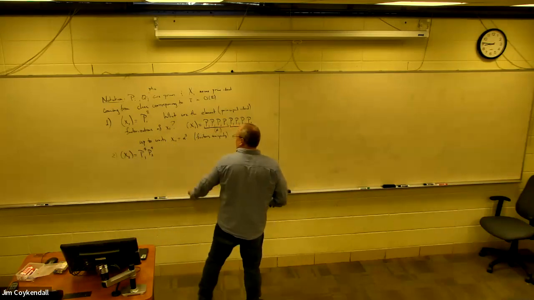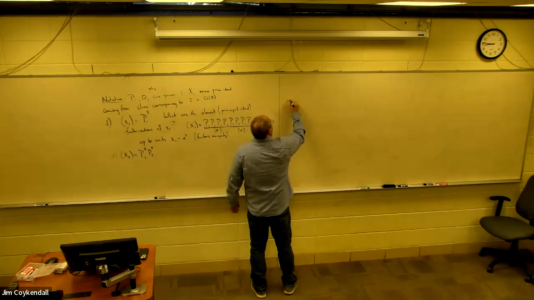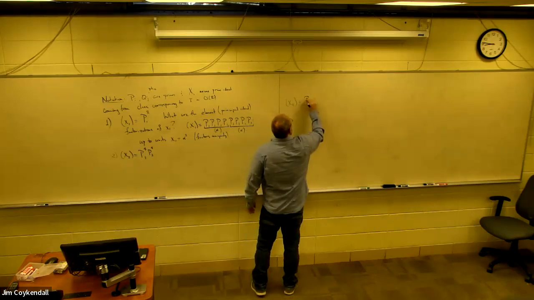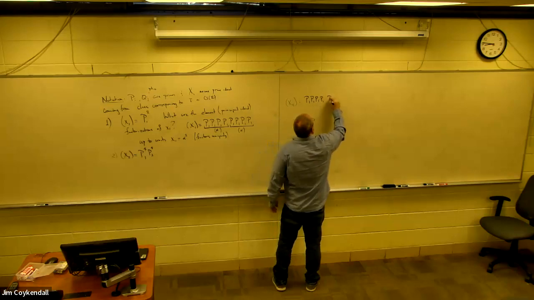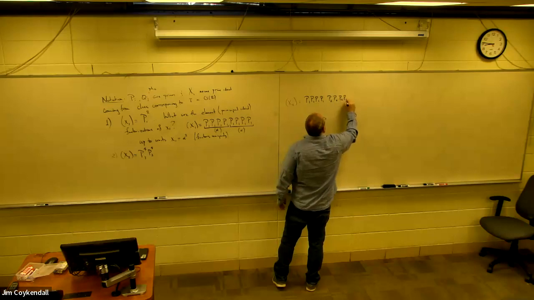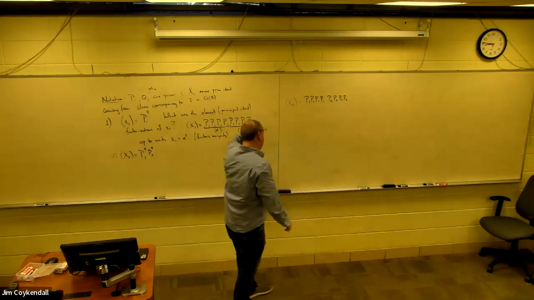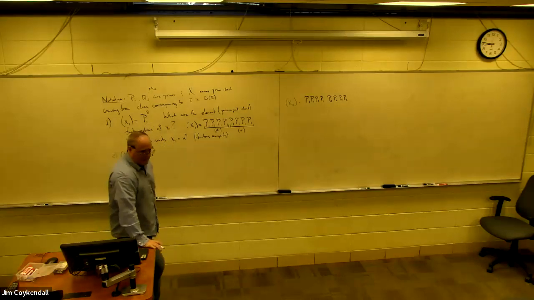Now notice this one comes out of this ideal class, P2. How many ways can we do this?